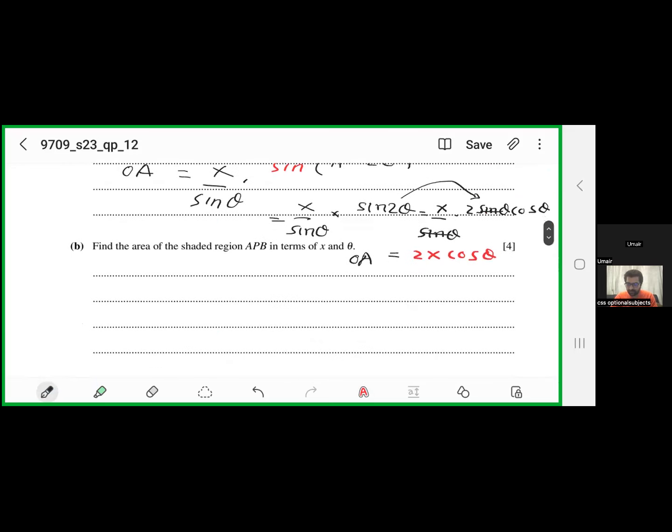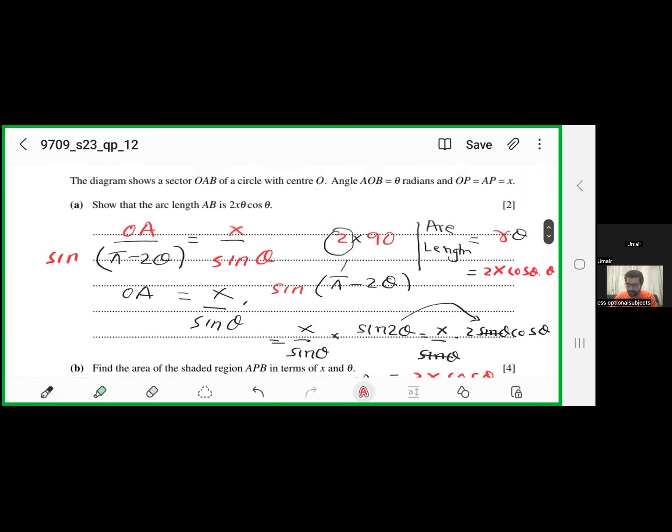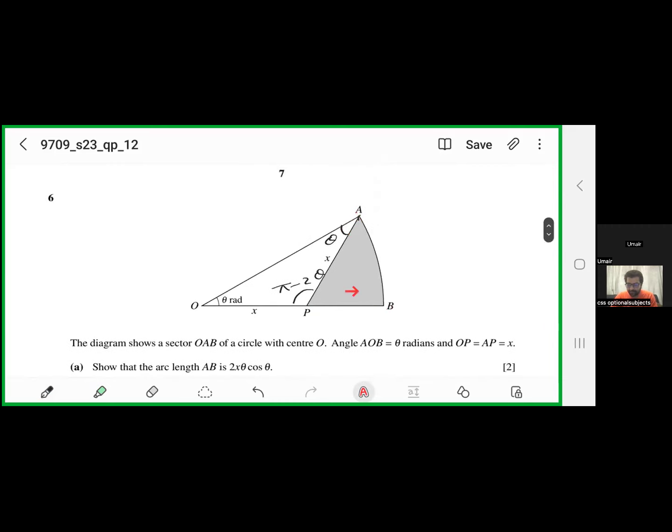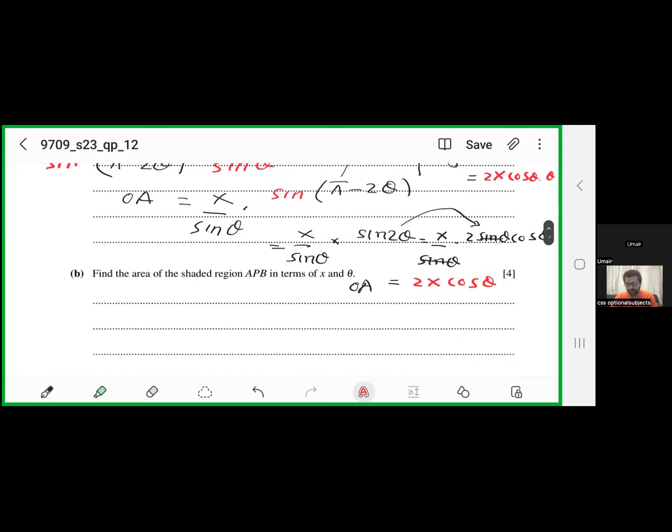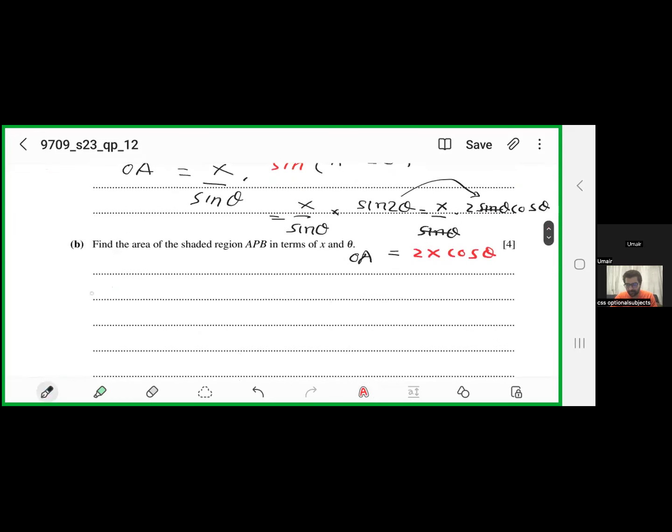The next one is to find the area of the shaded region APB in terms of x and theta. First of all, calculate the area of the sector. That is 1 by 2 r square theta, calculated in radians.